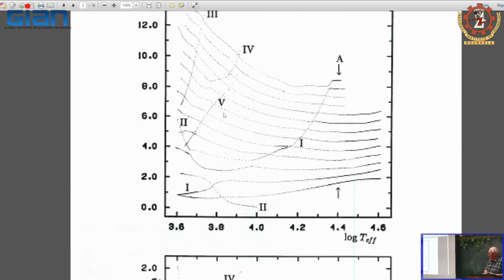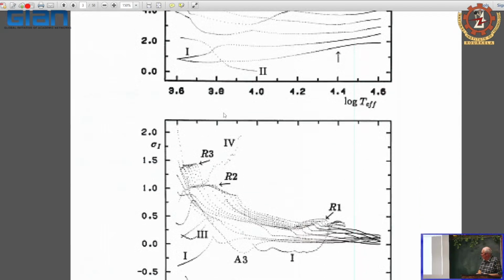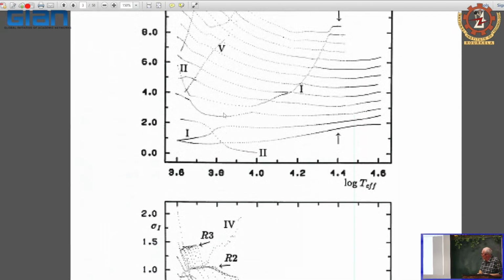So what about the imaginary part of these modes? Well, associated with mode 1 here are in fact instabilities, and that makes these modes very exciting. Not exciting the star, but exciting for us.